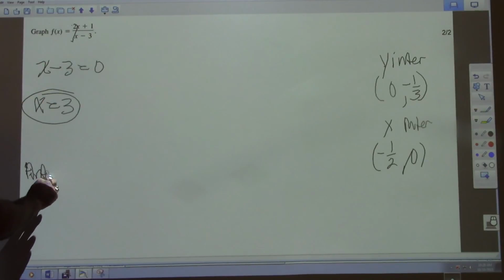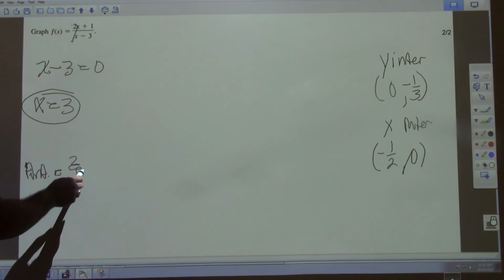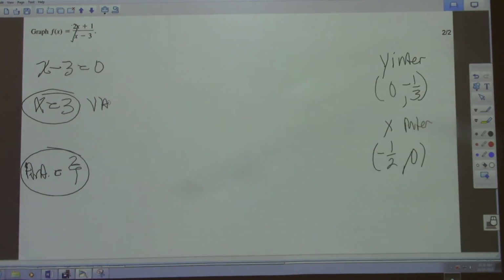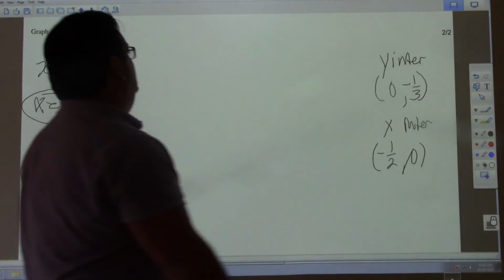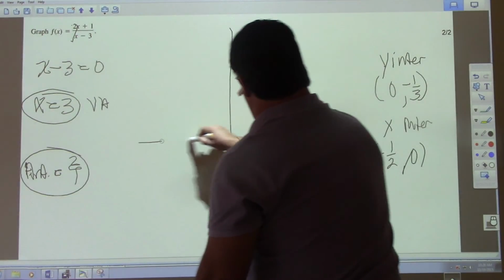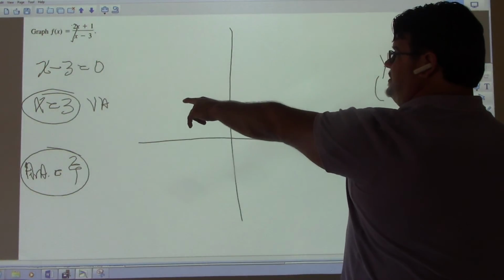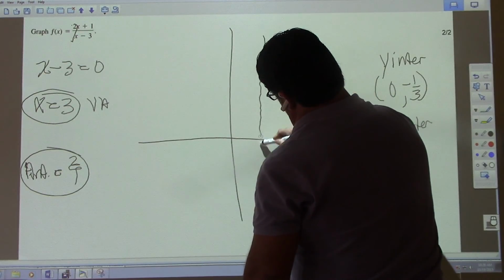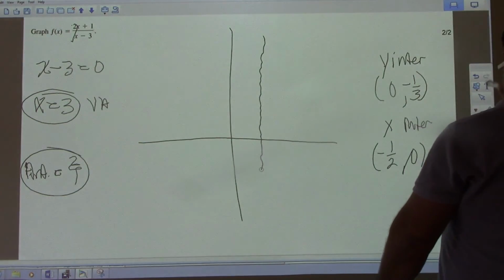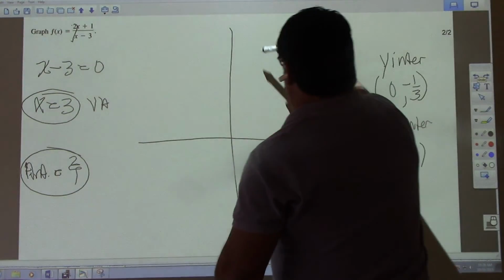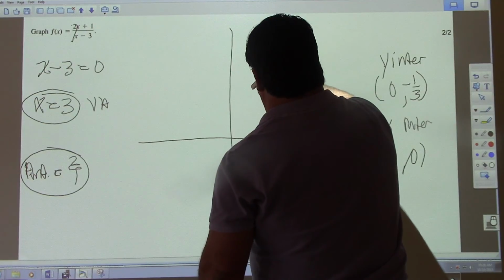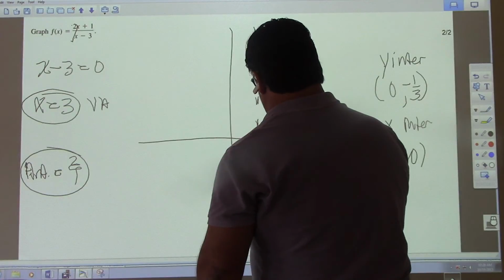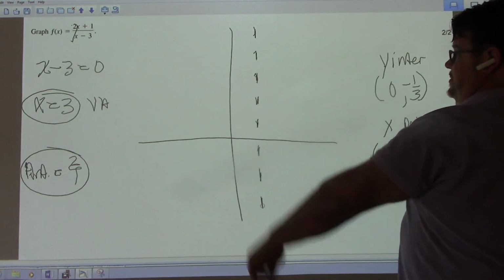Horizontal asymptote is equal to 2 over 1. Vertical asymptote is equal to 3. So we've got a vertical asymptote of 3. That's supposed to be dotted. There's your vertical asymptote. Horizontal asymptote is 2.